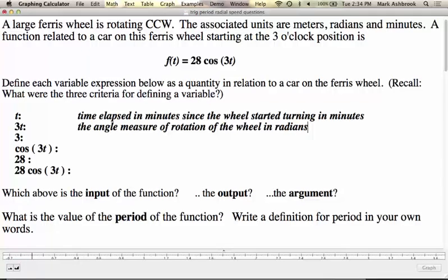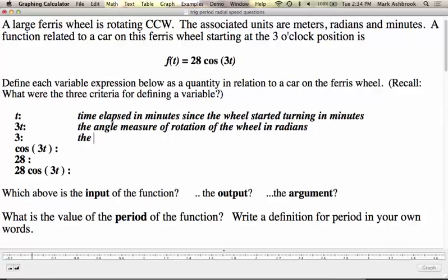Yes, you could know that. 3t is going into cosine, and last week we saw that because it's going into cosine, it's going to have to be the measure of the angle. What does just the number 3 mean? What is just the number 3?